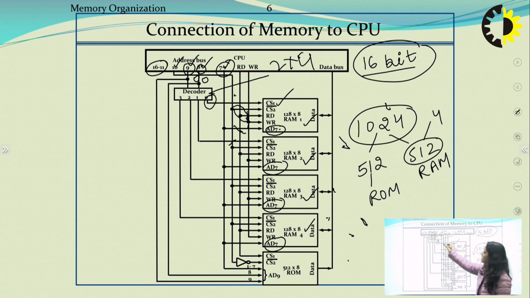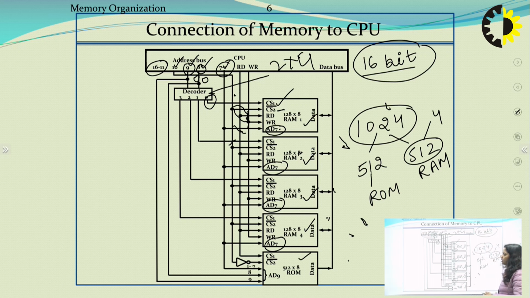Because the 00 address will be activating the line CS1 for RAM number 1. And CS2 is initially not receiving any signal, meaning it will be at 0 value. So chip select 1 and 2 are used for making a selection among RAM and ROM. Chip select 1 is used for selecting the RAM chip, and chip select 2, CS2 bar, is used for making a selection for a ROM chip.